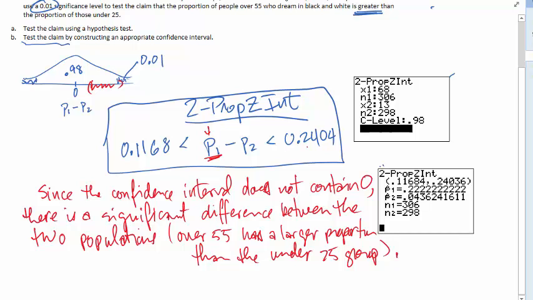And this should be the same result as we got from the previous problem when we used the actual hypothesis test. We saw that the data does support the fact that there are more people over the age of 55 who dream in black and white than people under the age of 25. All right. Okay, hope that helps.